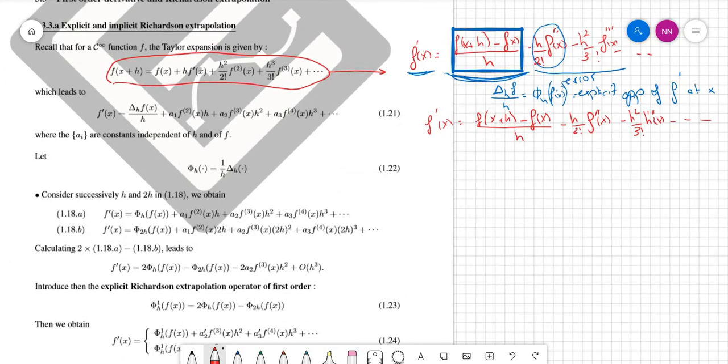If we write once more the Taylor expansion, but taking 2h as a step instead of h, the Taylor expansion will read f of x plus 2h equals f of x plus 2h f prime plus 2h squared over factorial 2 f double prime, etc. And from this expression, I will conclude f prime again.